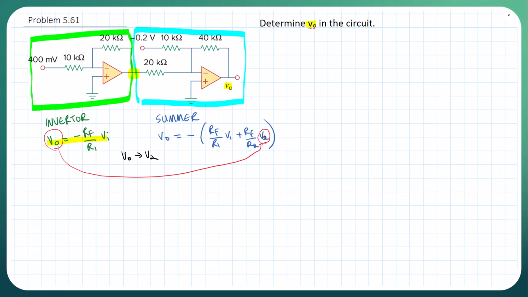Then you could always rename them, and I'll do that here for the sake of naming convention. You can call this, if you wanted to, V1, and that would be your input there. If you do that, then technically you wouldn't have to call this V2, you would just say V1 there.